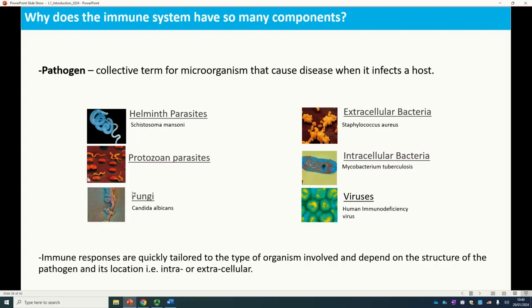We might have protozoa, fungi, extracellular bacteria or intracellular bacteria, and viruses. So you can imagine that the immune response that targets an extracellular bacteria is going to require some different functions to one that, if you have an intracellular pathogen or anything like that. So the immune response is tailored depending on the pathogen that you're infected with.